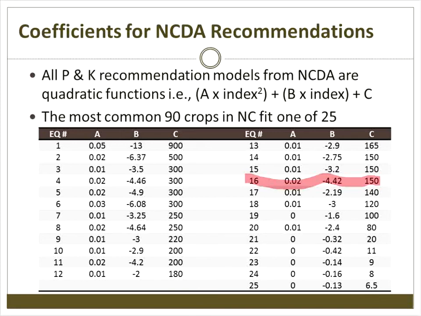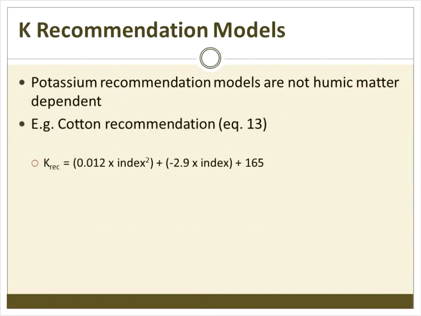We now have the ability, knowing how to use these models, to save ourselves days, and in some cases weeks and weeks of time, simply by taking our existing soil samples and recalculating our recommendation models.